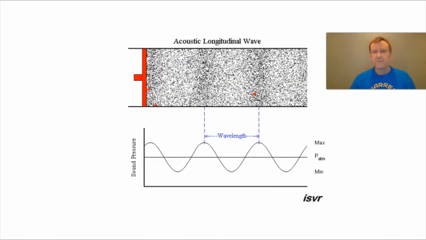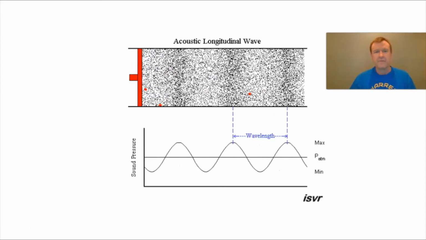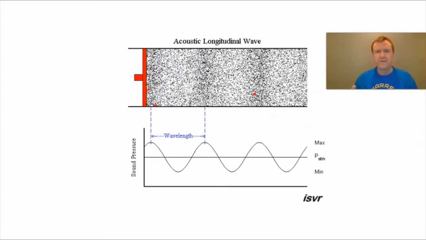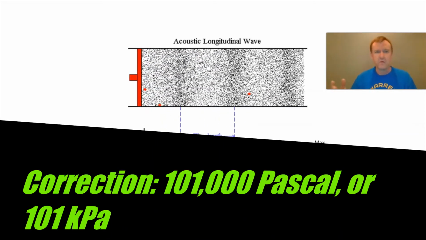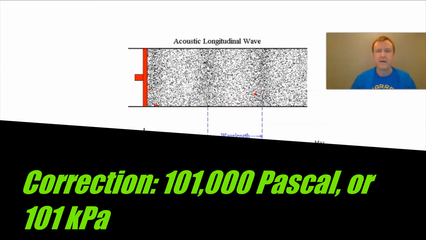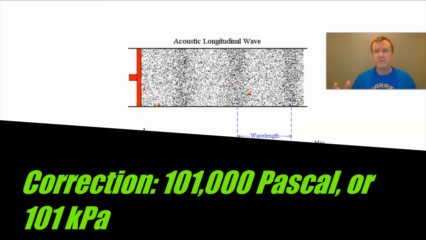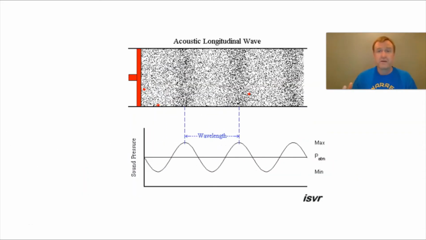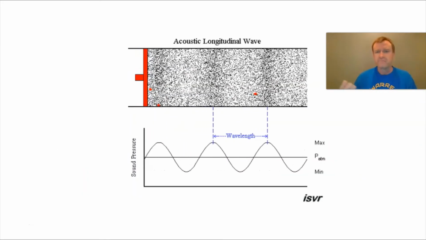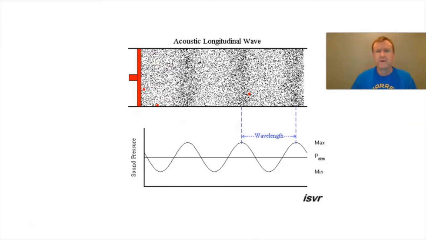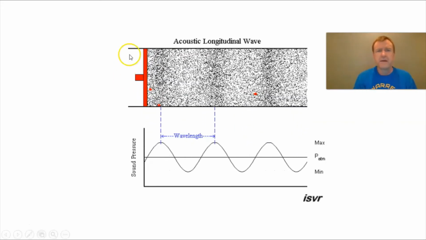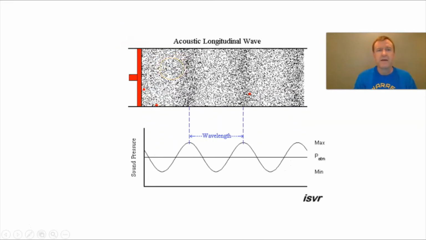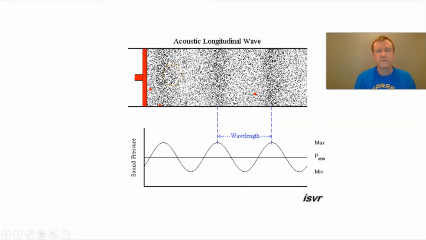You remember from chemistry or another class, atmospheric pressure, about 14.7 pounds per square inch, or 101 kilopascals, if you remember that. That's what we're experiencing right now. As you're watching this video, you have pressure on you. It's 1 atmosphere. Our bodies are used to it. So any increase in that, you've got high pressure. Any decrease in that, you've got low pressure.